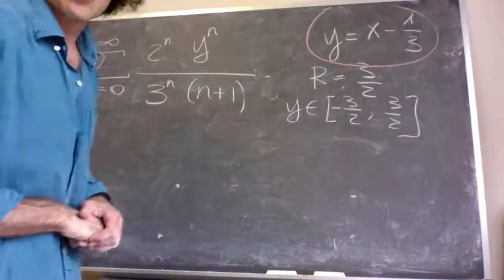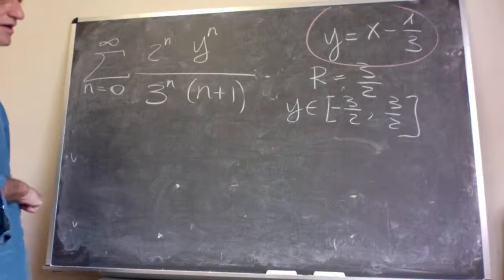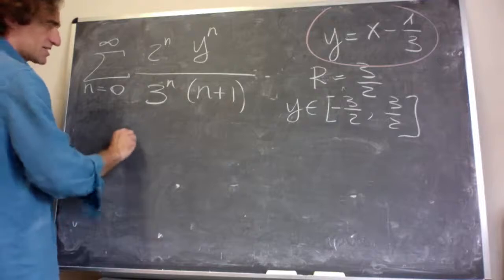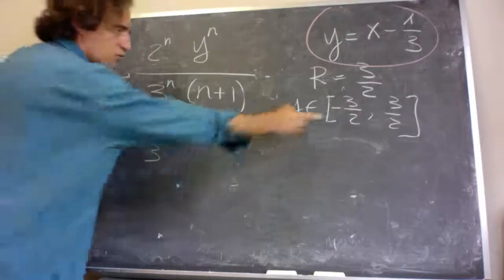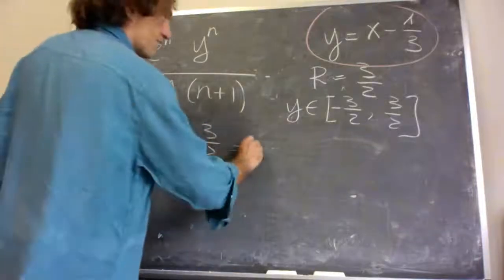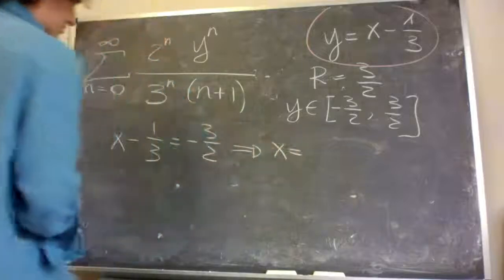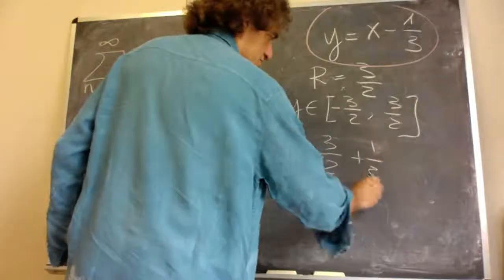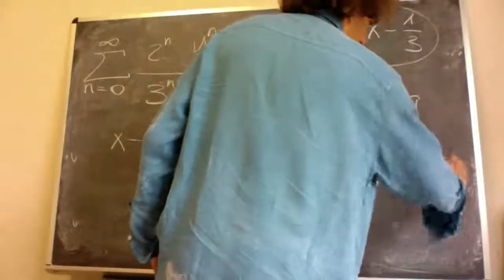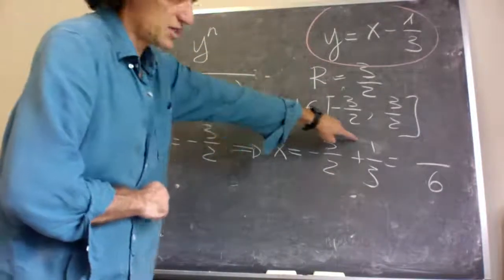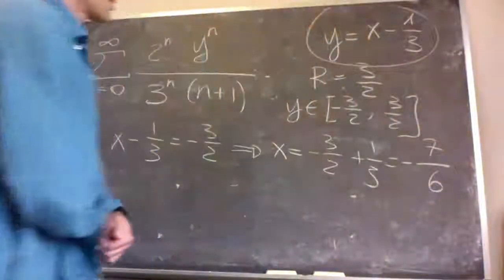In the original variable, what you have is that x minus 1/3 equal to this extreme, minus 3 over 2. This means that x is equal to minus 3 halves plus 1/3. This is a difficult computation. So you have 6, then here you have minus 9 plus 2. Is it correct? So you have minus 7 over 6.